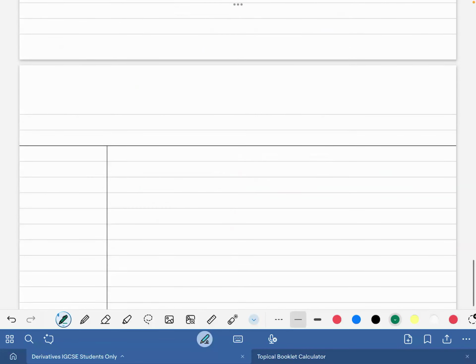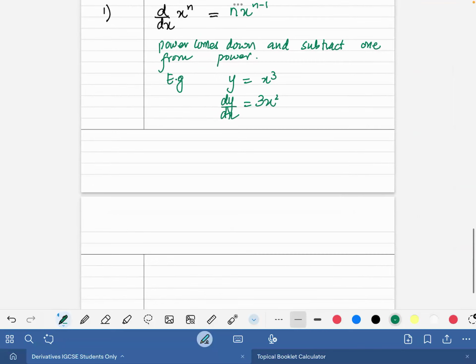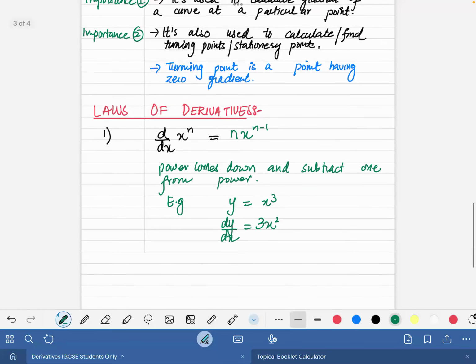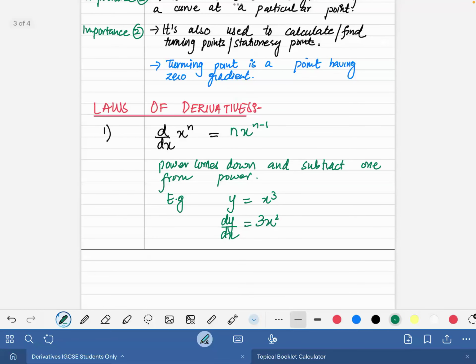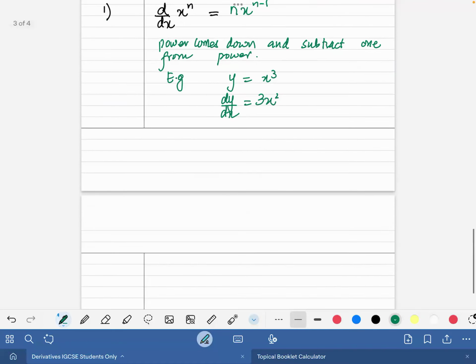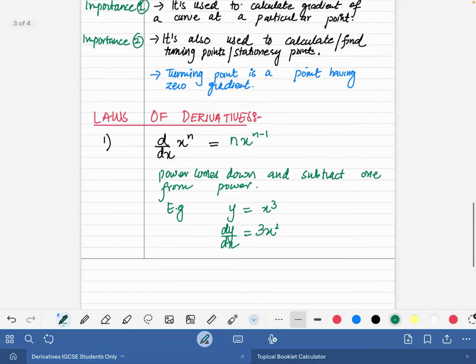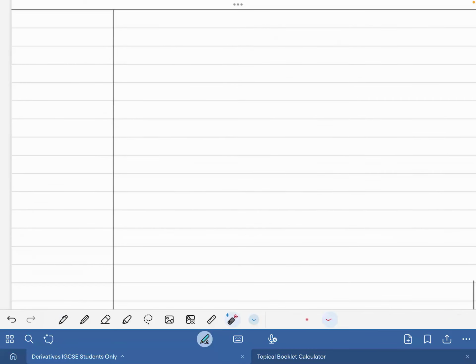At the top I wrote d by dx of x^n, it is not y, okay? Why? Because I'm just explaining the rules, this is the law, okay? Now look at example number 2, you will get it automatically.